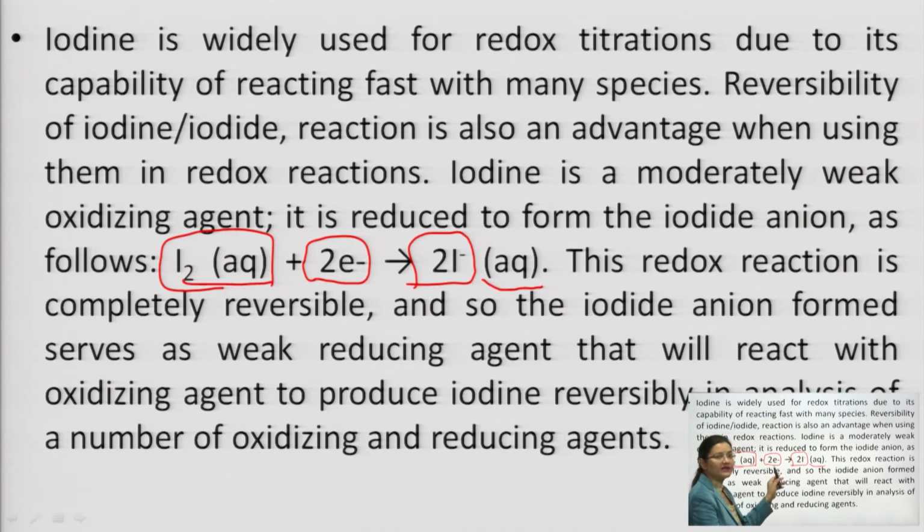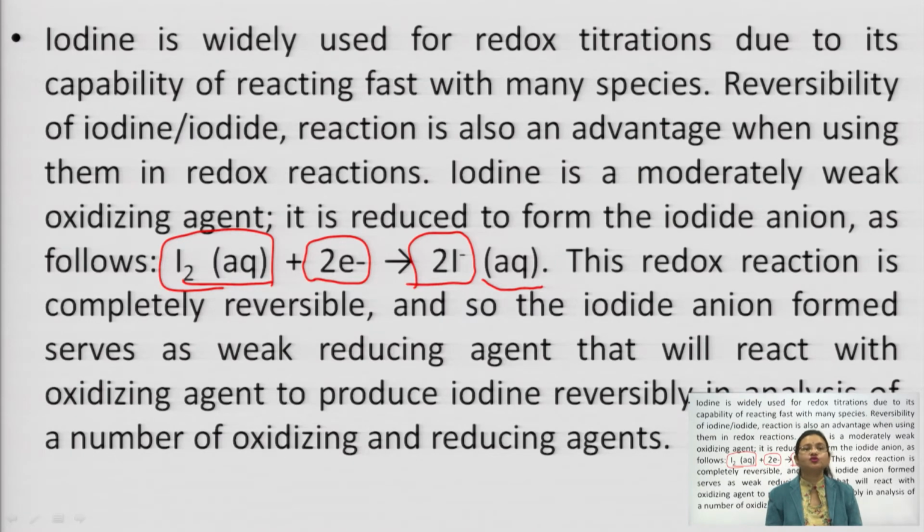Since you can see very well from this reaction, the iodine absorbs 2 electrons, it attaches 2 electrons to itself. That's why it goes through reduction.